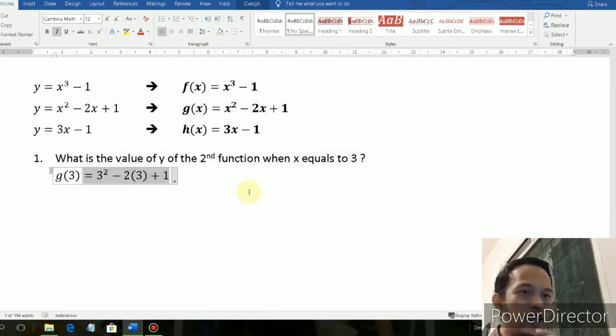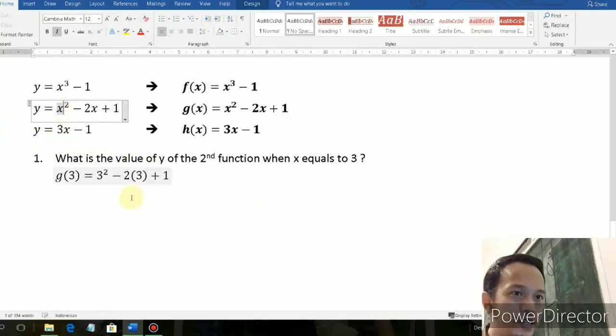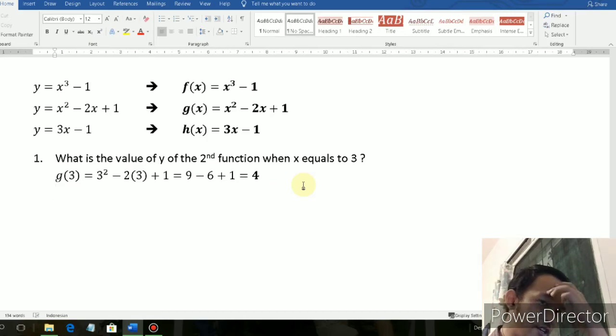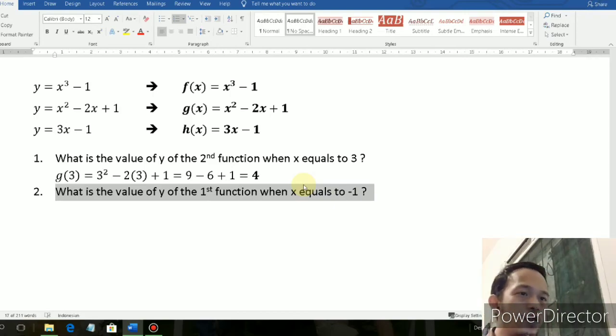So when you execute that, you just substitute the x by 3, and then by simple arithmetic, you get the value of g of 3 equals 4, or the value of y of the second function equals 4 when x equals 3. Okay, so the next question, what is the value of y of the first function when x equals -1?